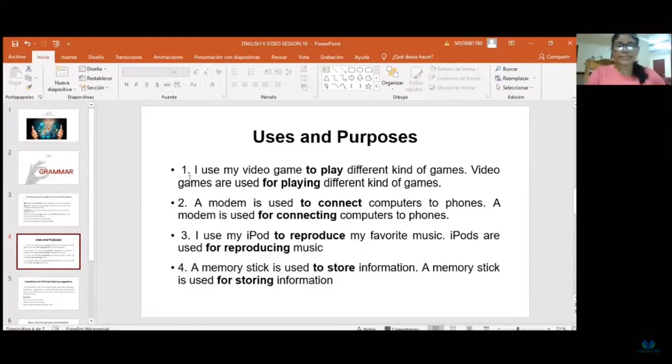So the first sentences from 1 to 4 are basically related to infinitives and uses. And the second sentences, for playing, for connecting, for reproducing, for storing, are related to gerunds and purposes.